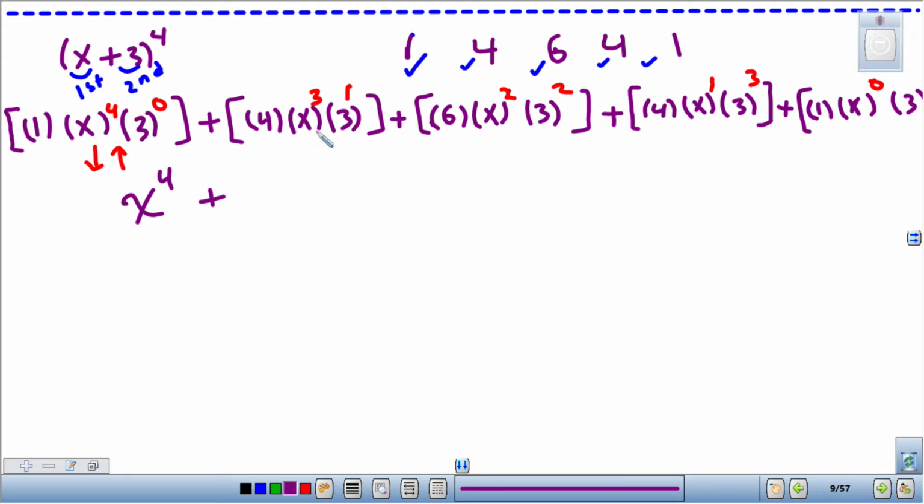I've got 4 times 3 to the 1st. So 3 times 4, basically, that's 12. And I've got x cubed. Plus, I've got 6 times 3 to the 2nd power. What is 3 squared? And what is 9 times 6?